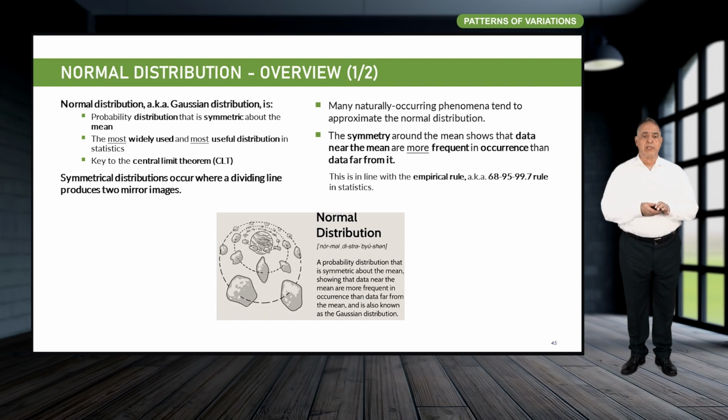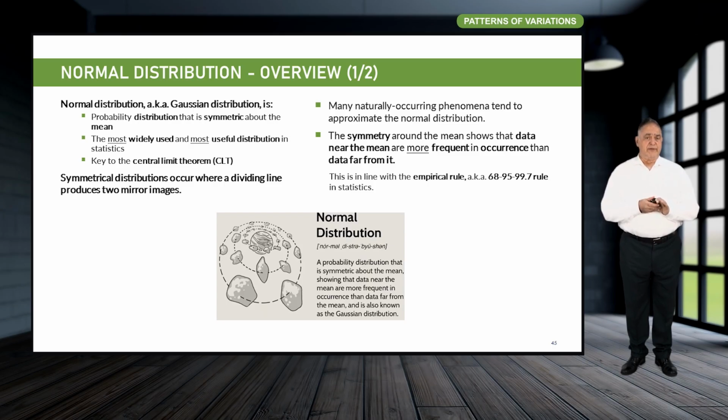It is the most widely used and most useful distribution in statistics and Lean Six Sigma projects. And in general, when we talk about symmetrical distributions, these occur when there is a dividing line that produces two mirror images, one on the left, one on the right.